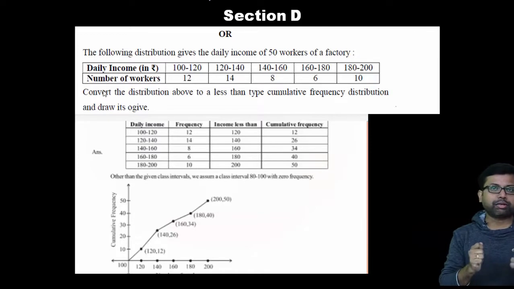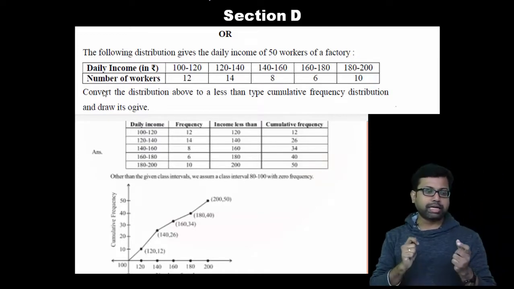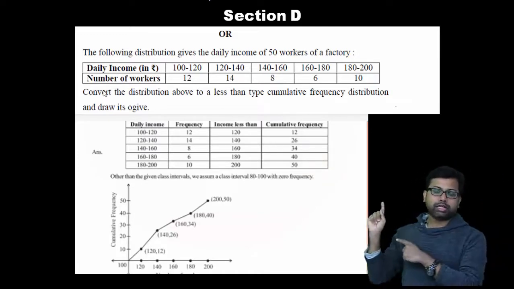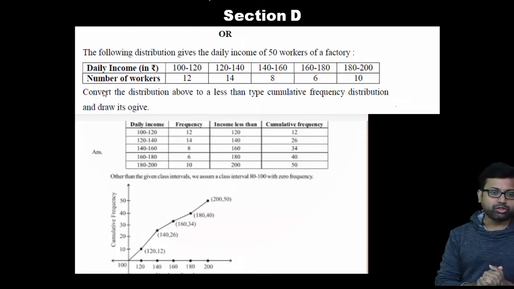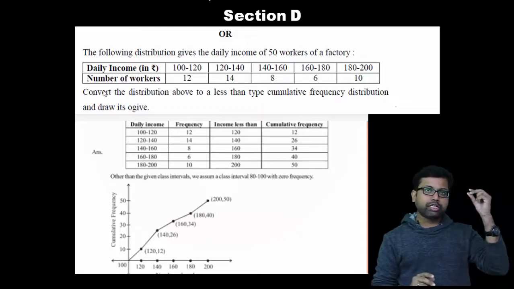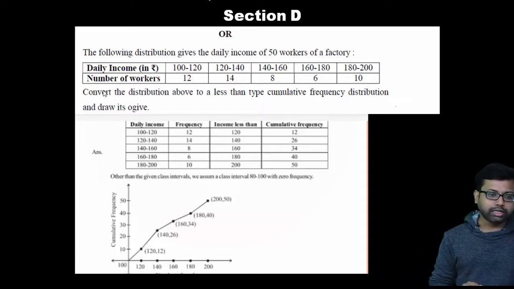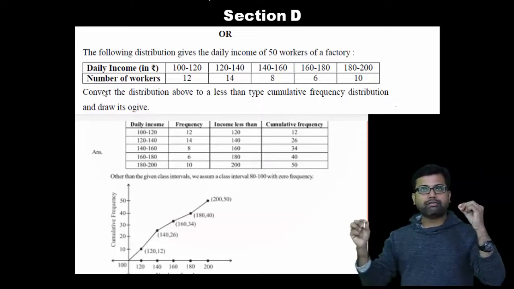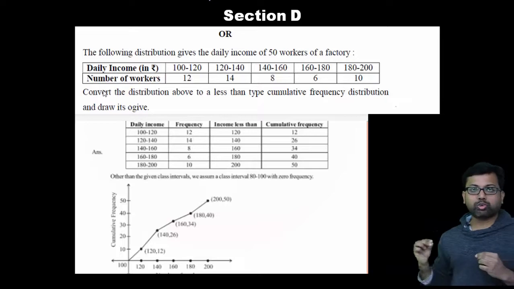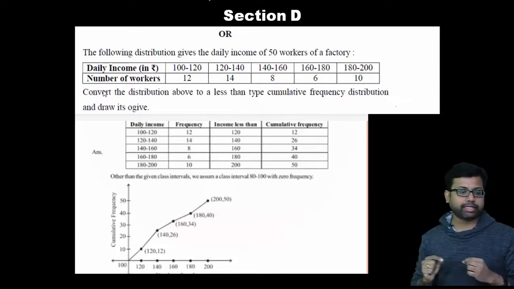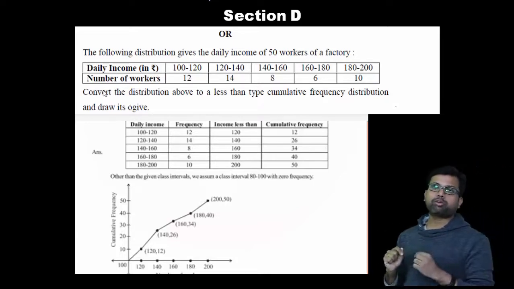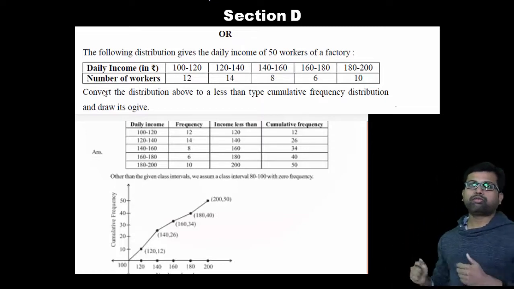For each data point that you need to pick, in the table above, the first point is 120, less than income is 120, and the frequency for that value is 12. So the first data point is 120, 12. The x value will be 120 and the y value will be 12.